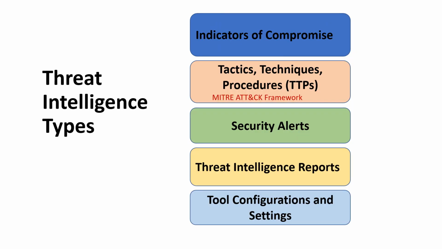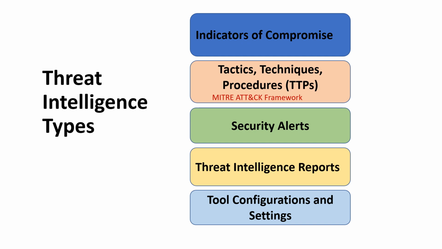Types of threat intelligence are the following. Indicators of compromise. These are digital artifacts such as log files or entries, network packets, etc., that indicate attacks or threats on a system or network. TTPs. These are nuggets of information from the knowledge base of the MITRE ATT&CK framework.